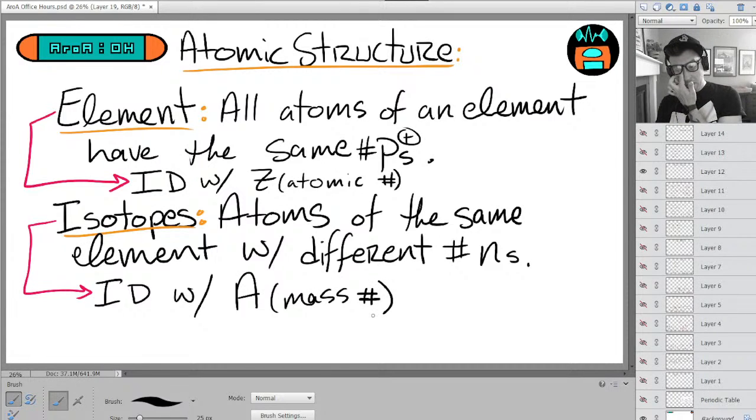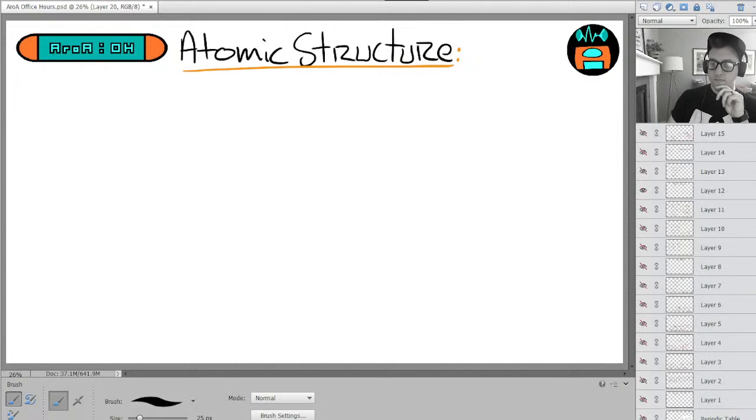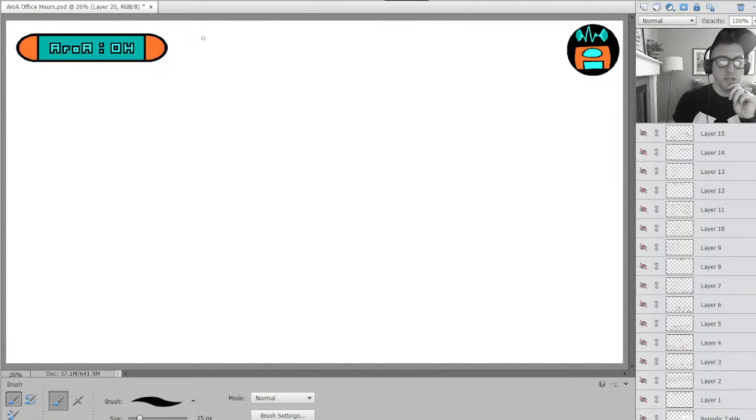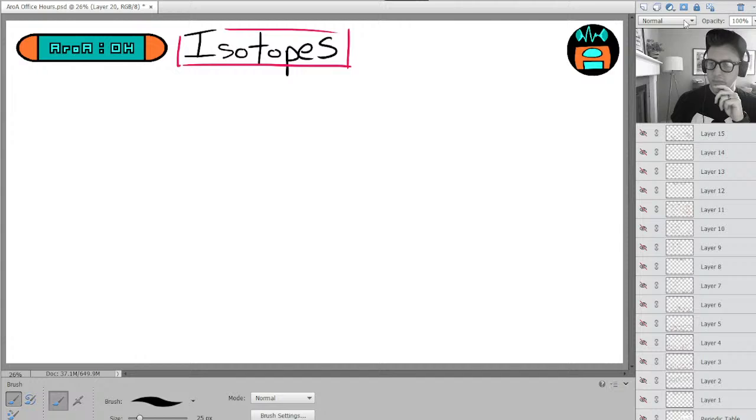All right, so there are three different ways you can identify an isotope. This is a little bit of isotopic nomenclature.